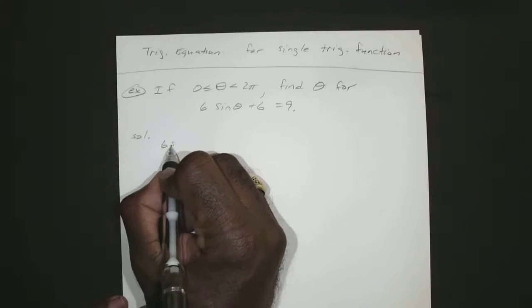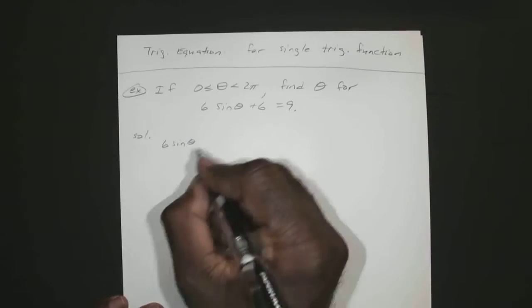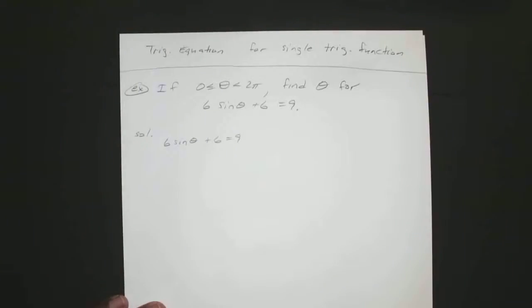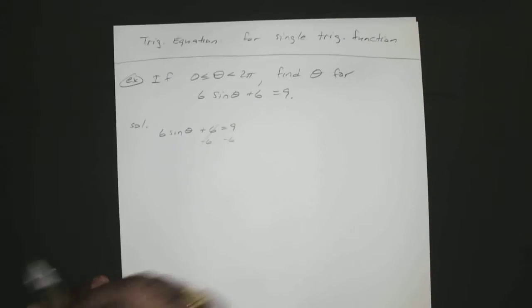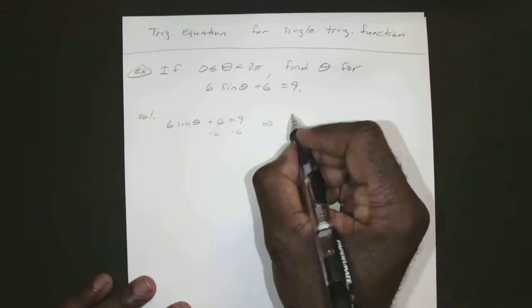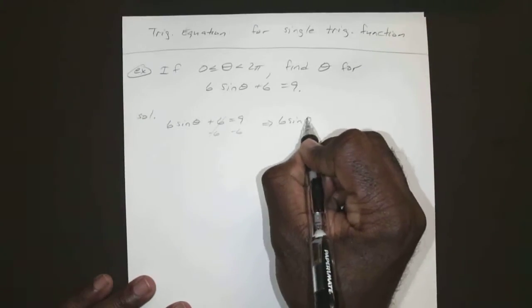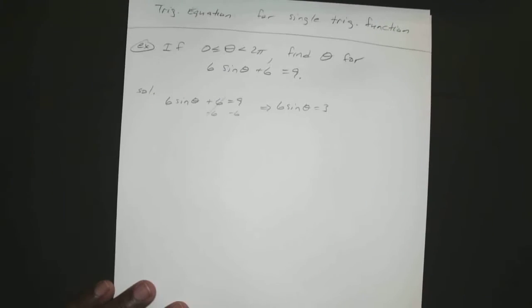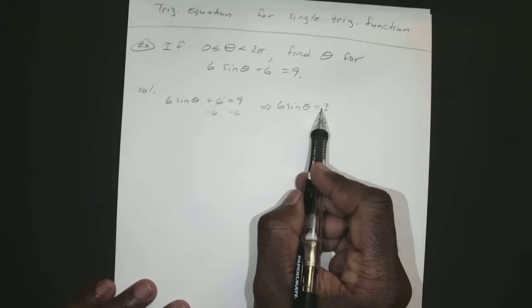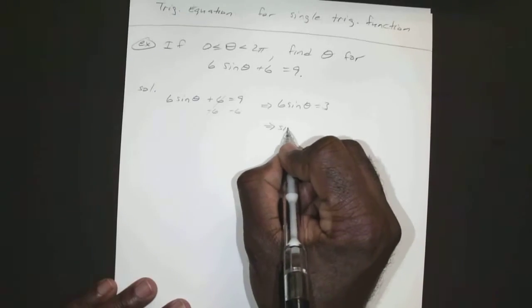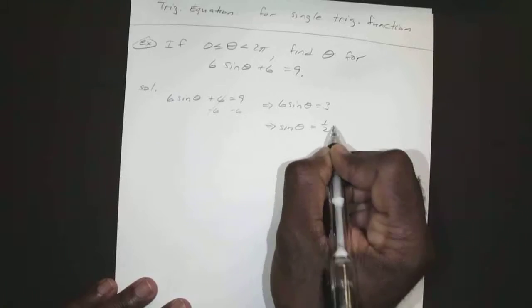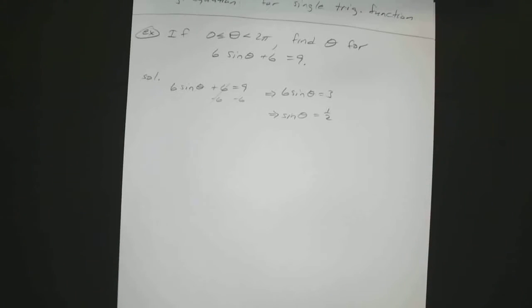If we have 6 sine of theta plus 6 equals 9, we just subtract 6 from both sides, which is 6 sine of theta equals 3, which means sine of theta will equal 3 over 6, which is 1/2. So we just have to find what values of theta give 1/2.